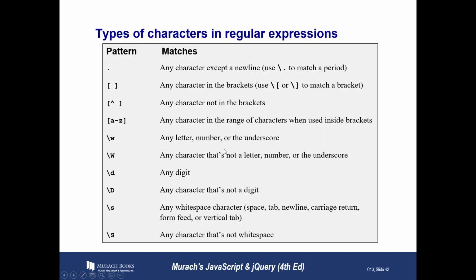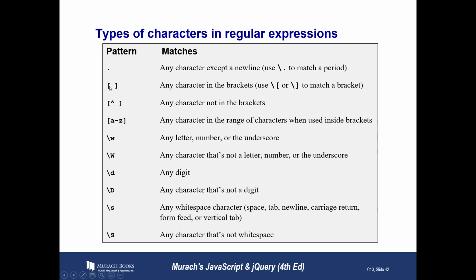Okay, more characters in regular expressions. Now, when we use a dot on its own, this means any character except a new line. If we are looking for the dot itself, then we need to escape it. But if we use it without any escaping, this means in the place of the dot, I'm looking for any character except for a new line.